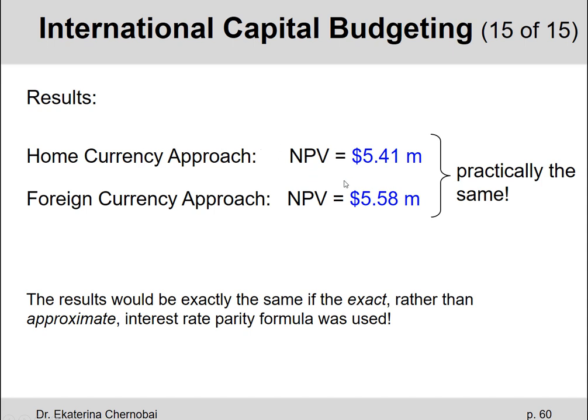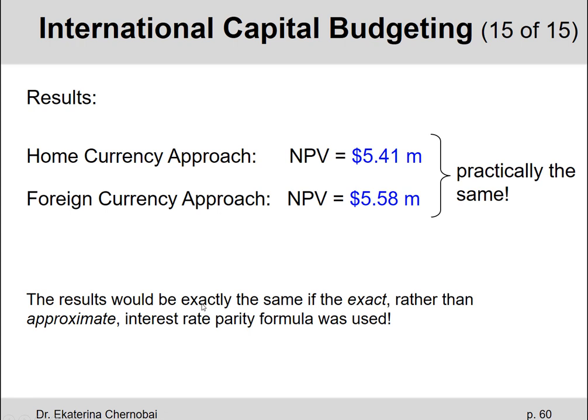Let's compare the two results from the two approaches. The home currency approach gave us the NPV of $5.41 million. The foreign currency approach gave us a very similar number, the NPV of $5.58 million. They're practically the same.